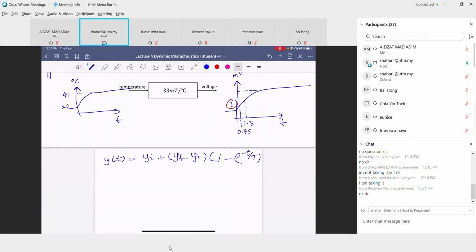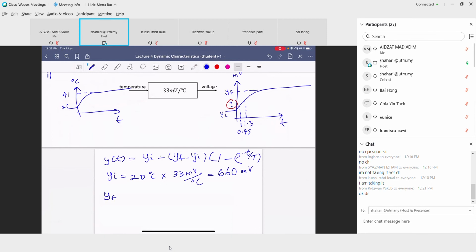First we find y initial, and y final is here. For y initial, take the 20 degrees times the transfer function, 33 millivolt per degree, and you get 660 millivolt.